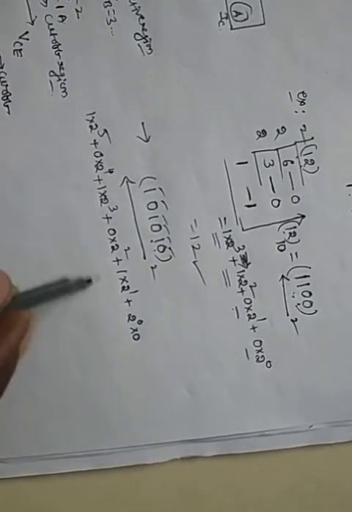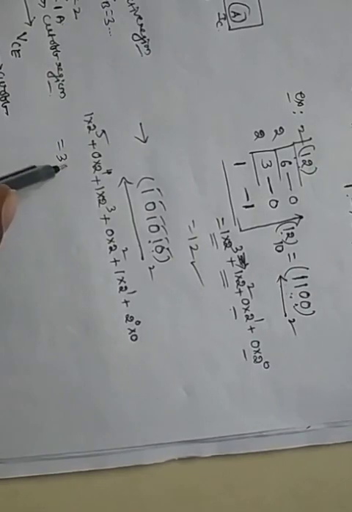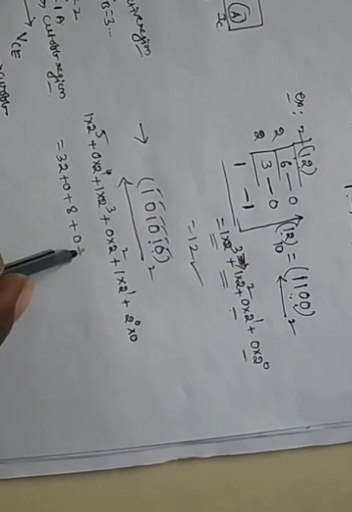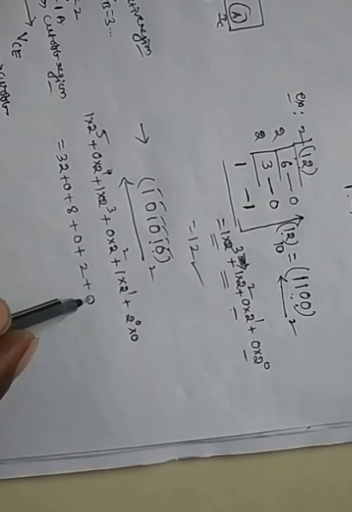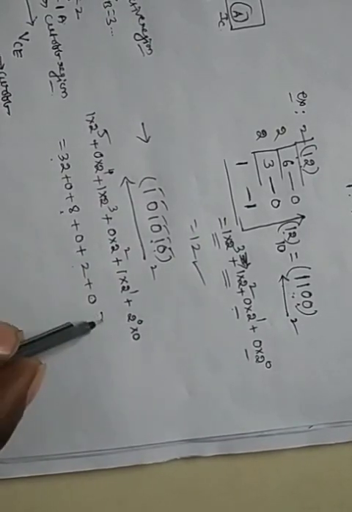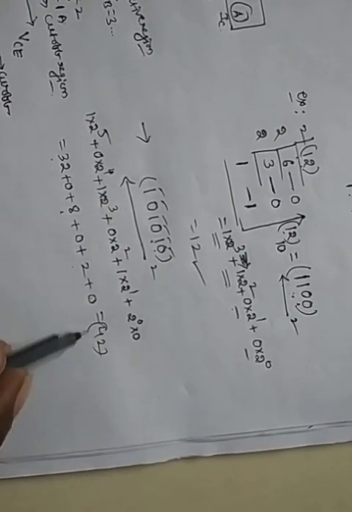Now add this. 2 power 5 means 32, plus 0, plus 8, plus 0, plus 2, plus 0. 32 plus 8 plus 2, 32 plus 10, 42. This is the decimal number.